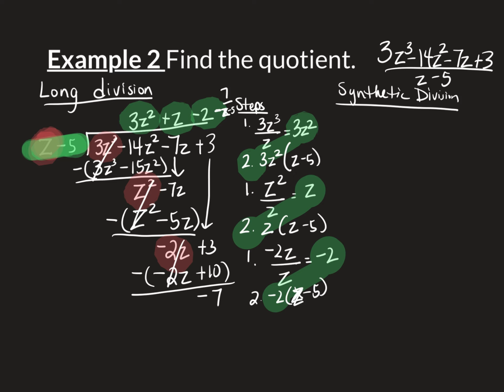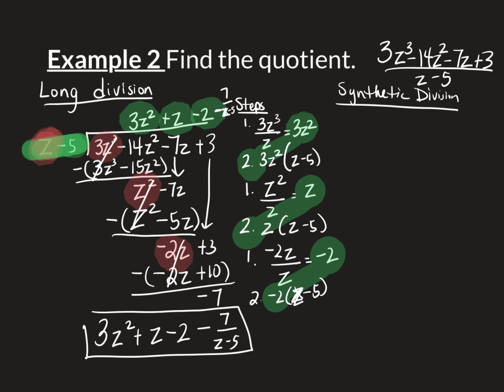I apologize for that. So my final answer is 3z squared plus z minus 2 minus, because my remainder was negative, 7 divided by z minus 5. This is the answer, and that should be the answer I get when I do synthetic division.